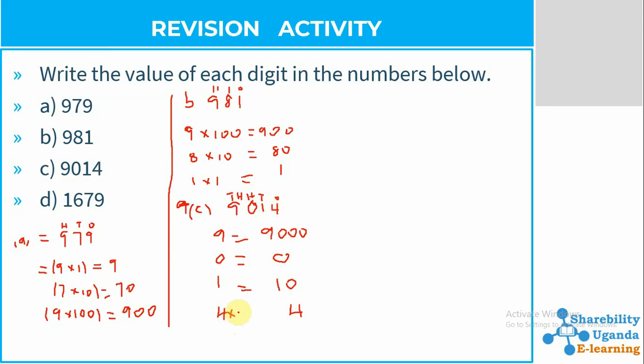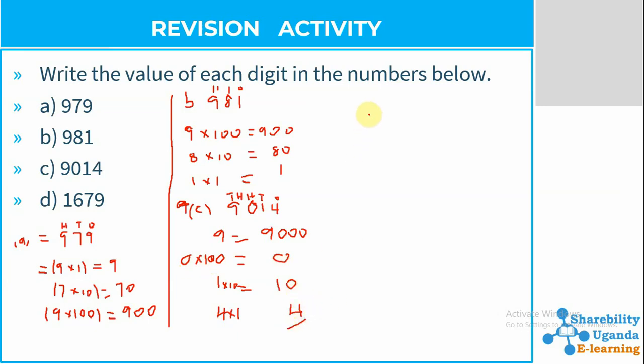This is also saying 1 times what? 1 times 10. This is also saying 0 times what? 0 times 100. We say 0 times 100 to simplify it further.